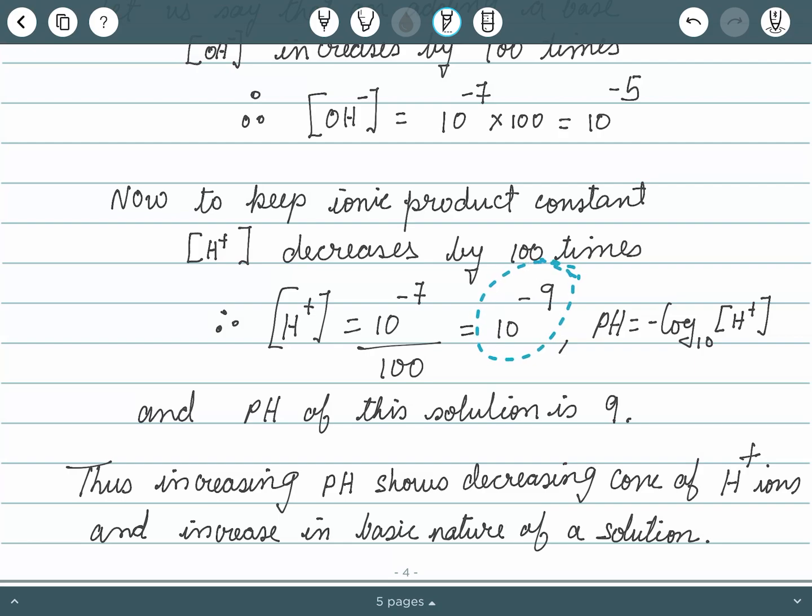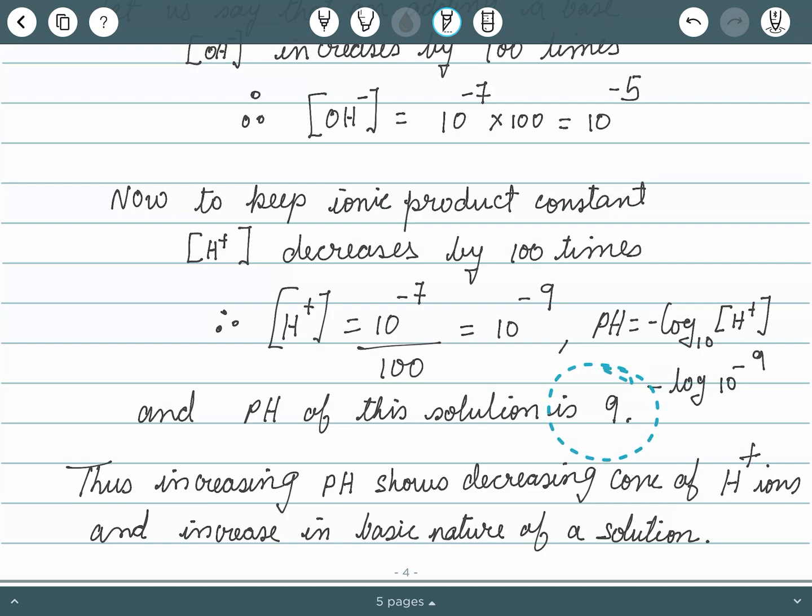And if the concentration is 10 to the power minus 9, pH will now be expressed as negative log of 10 to the power minus 9. But the log of 10 to the power minus 9 will be minus 9, and minus of minus 9 will be equal to 9. Thus, the pH of this solution, you've guessed right, is 9 now.